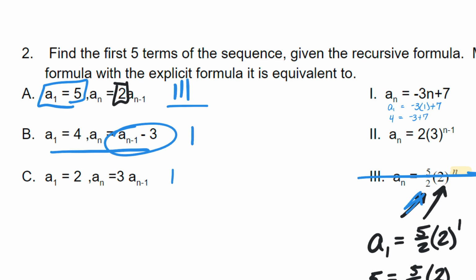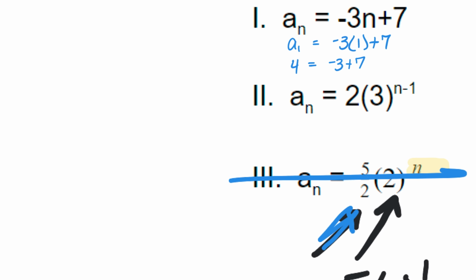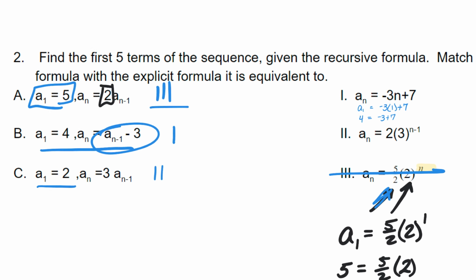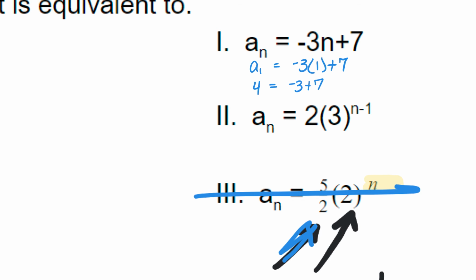The only thing left is the second pattern. Let's just plug this in and see if it works. If we plug in a sub 1, 2 should come out. So if we plug in 1, remember anything to the 0 power is 1.